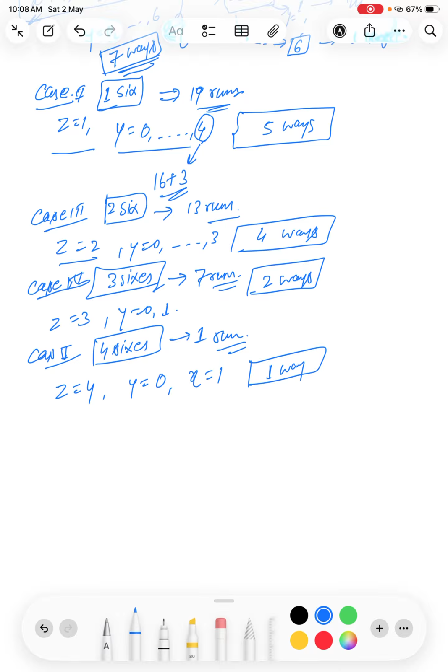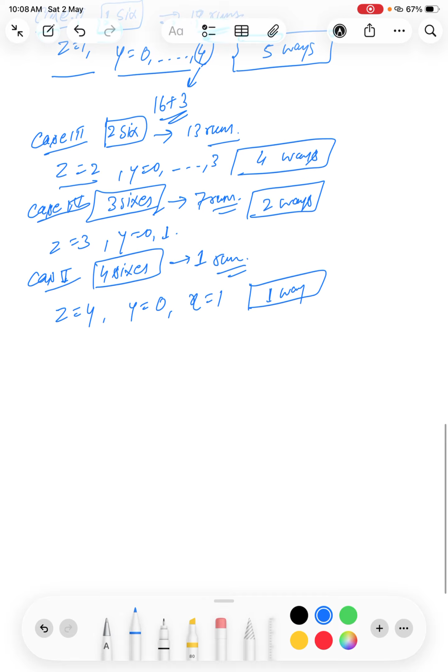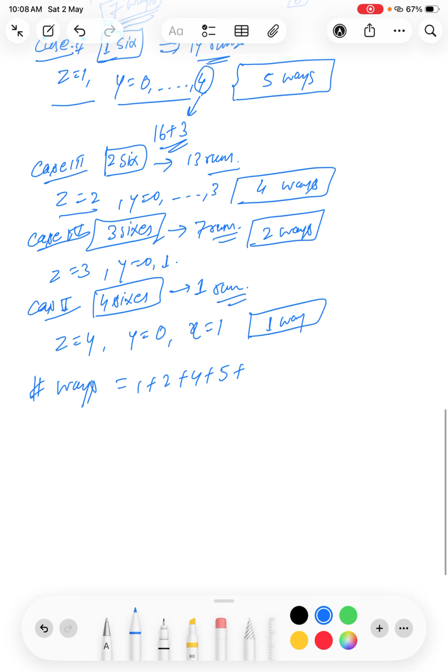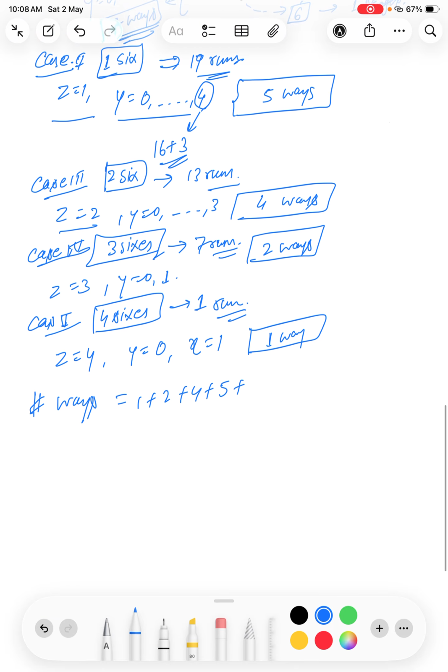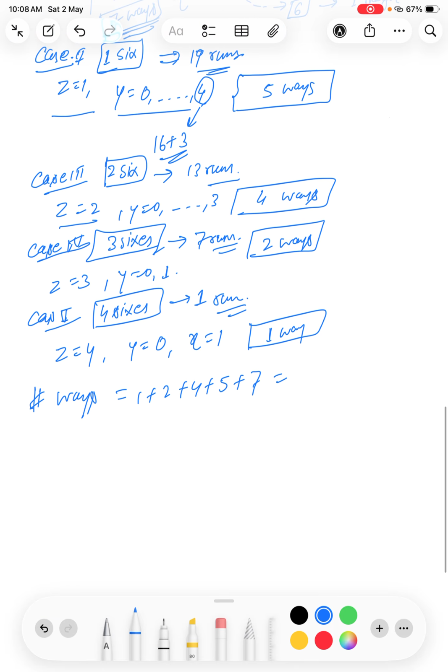So one way. Add them up, number of ways is equal to 1 plus 2 plus 4 plus 5 plus 7 is equal to 19 ways.